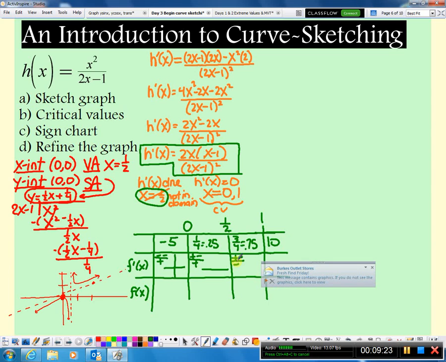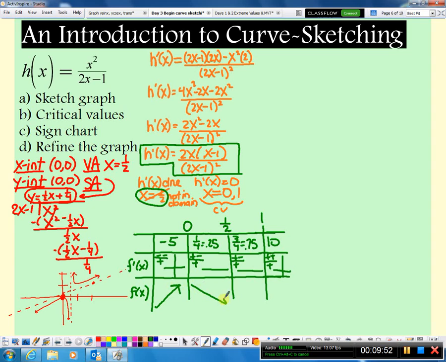No sign change there is good, because that just emphasizes that x equals 1/2 is not a max, it's not a min, because I don't get a direction change. When I plug in 10, 2 times 10 is positive, 10 minus 1 is positive, the bottom's always positive, so my result there is positive. Can you quickly say, that means f of x increases, decreases, decreases, increases.